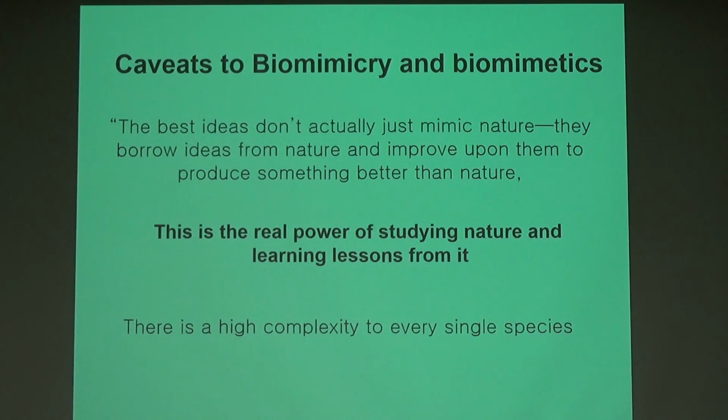So the idea of biomimetic science is not to slavishly copy everything in nature and apply that to your technology or to your life, but to select key aspects, key lessons, and learn those from nature and then implement them in your problem solving, your solution. So this is the real power of studying nature and learning lessons from it.